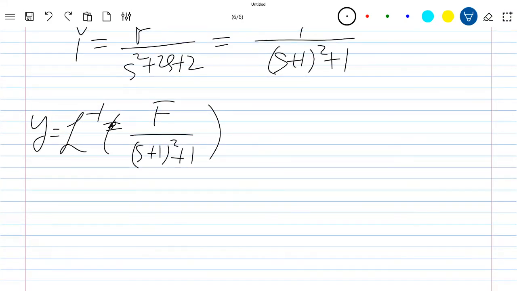Suppose you have a function f of t, then convolve it with a different function, let's call it g of t.